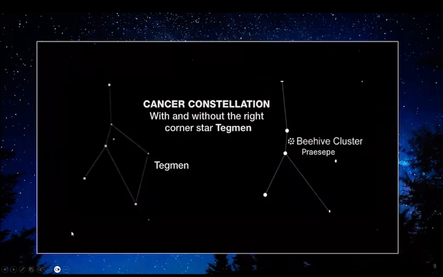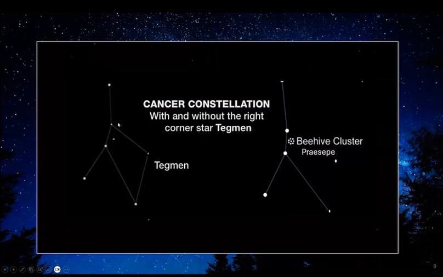Okay, so now here is the Cancer constellation with and without the right corner star, Tegmen. For some reason, this star here is not included in the drawing. But when you do include it in the drawing, it changes the whole picture.